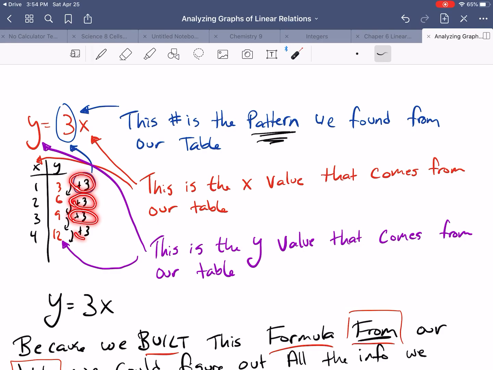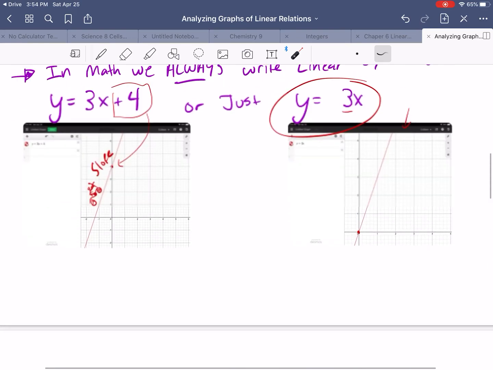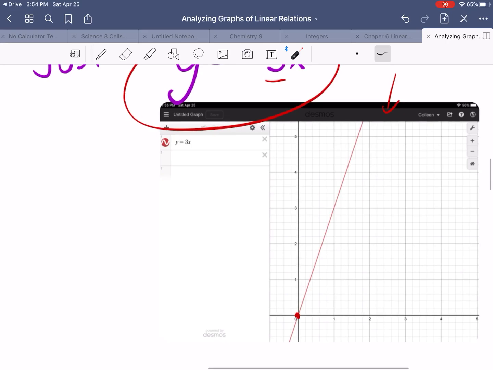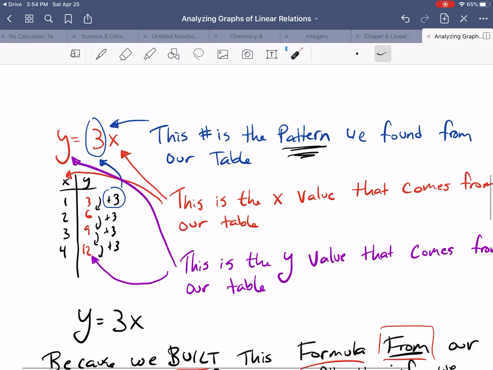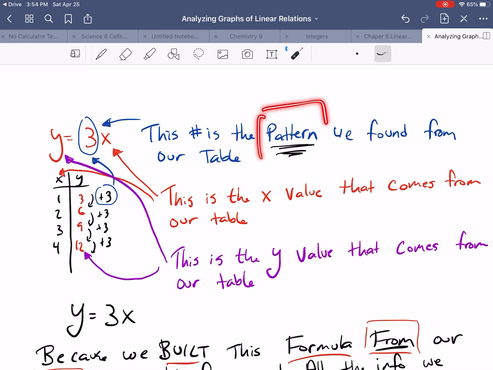We found that the pattern was plus 3. So we're just going to write y equals 3x. This equation is actually this line right here, and that is how you build a linear relation. So cool, all we needed was the pattern. We didn't need to overthink anything else, but we needed to get a table, find the pattern, and once we did, bam, we found the answer.